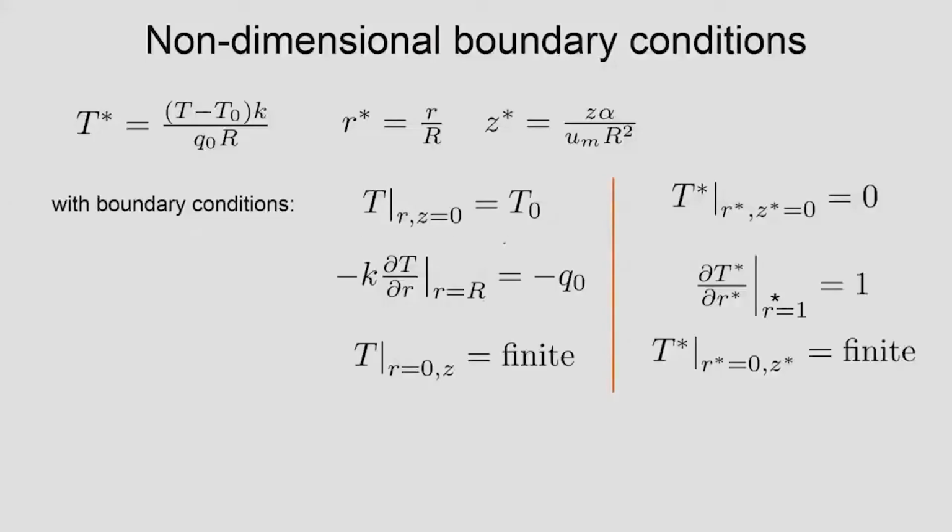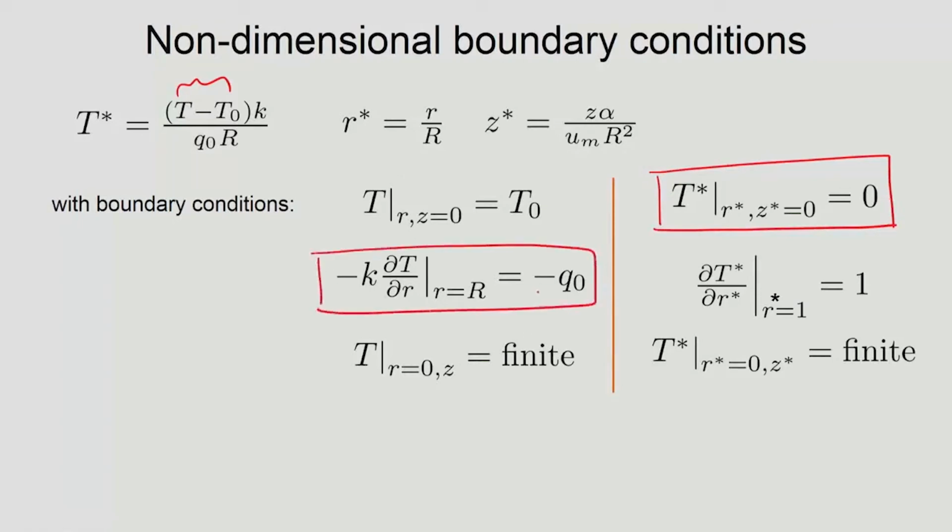So when we say the inlet temperature is T naught, because we have already seen that temperature scaling is with respect to T naught, the boundary condition for the inlet is that T star is 0, and the flux condition on the wall is given as minus q naught, which you already saw that we have chosen q naught here.